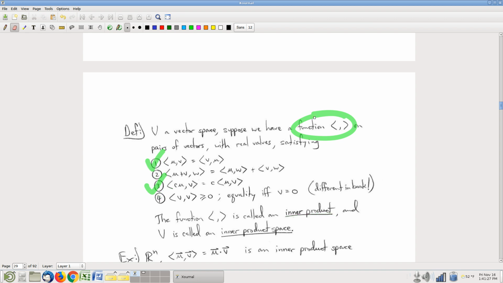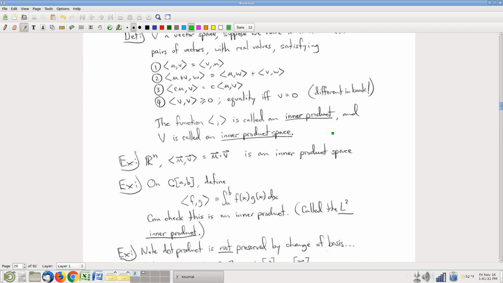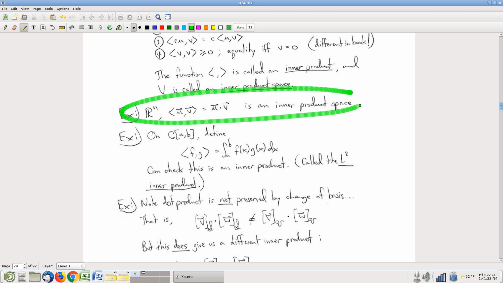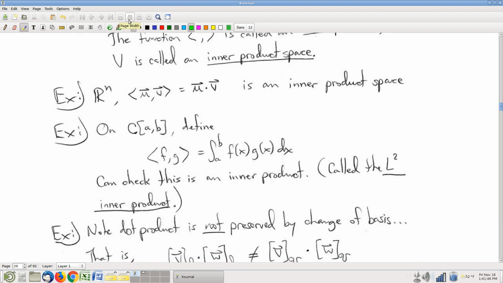Okay, so we talked about some examples last time. Let's see, here we go. So, no surprise, Rn being the model for this new construction, it satisfies the requirements of this construction. Well, it better. Here's the kind of weird one.